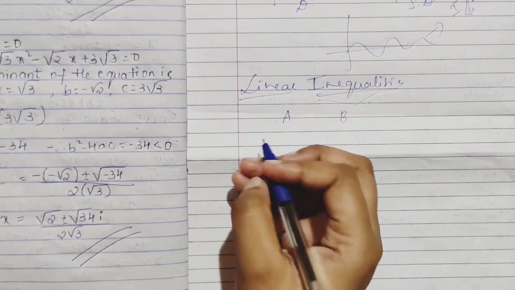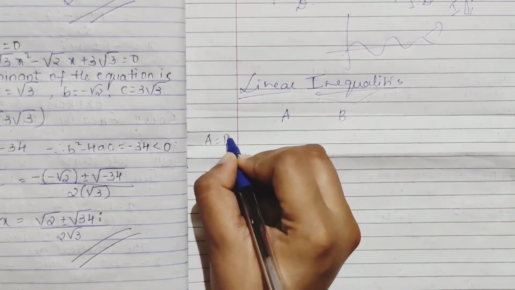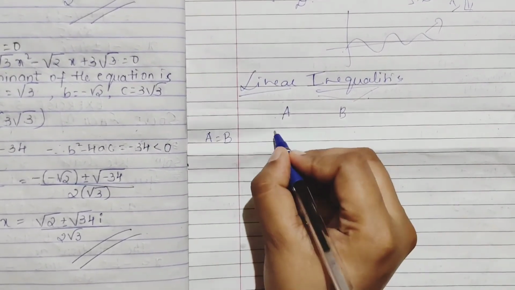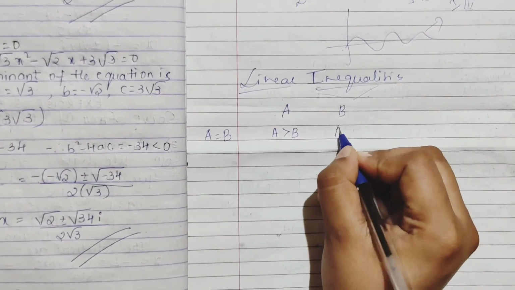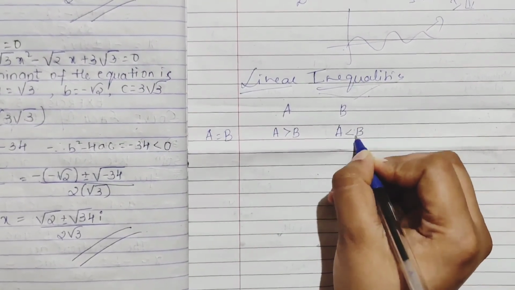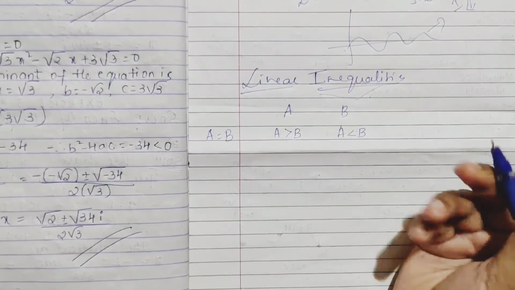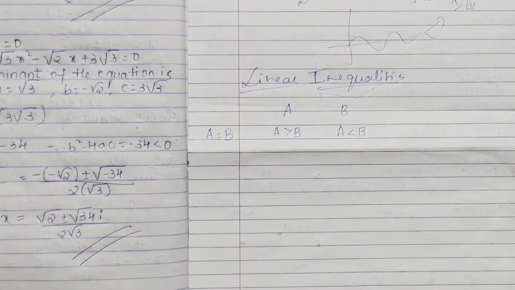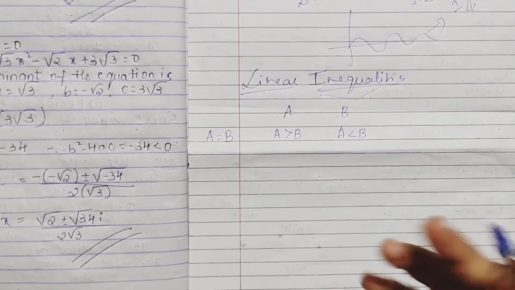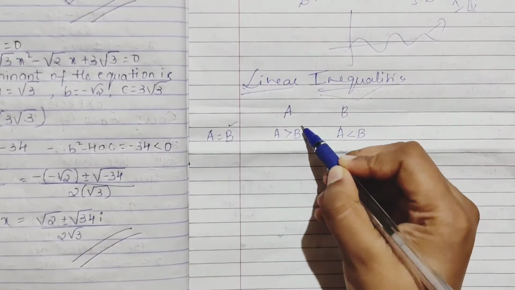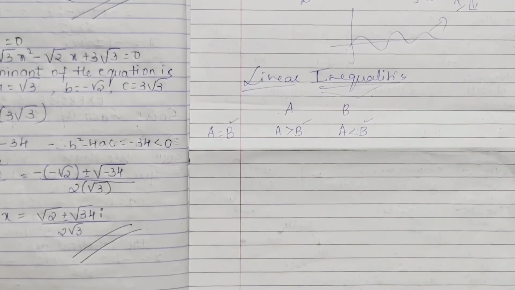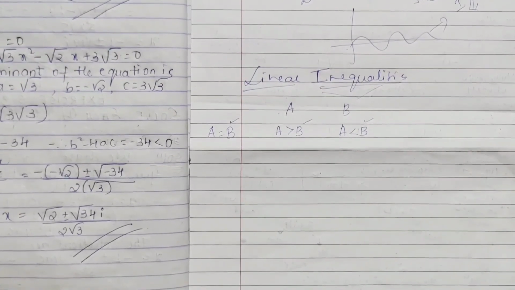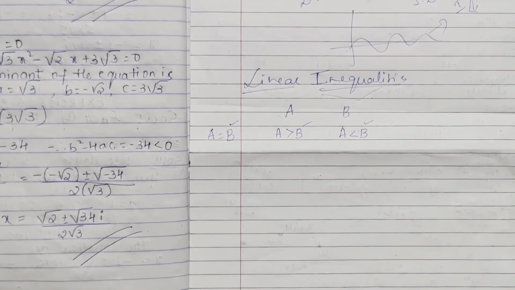You can say A is equal to B. Or A can be greater than B, and one more, A can be less than B. Other than this, is there any other way to compare? No, right? Only these three are the ways of comparing quantities.